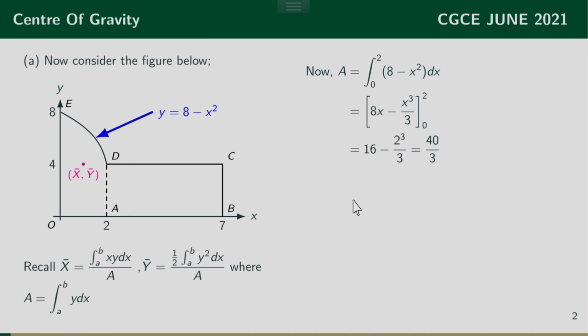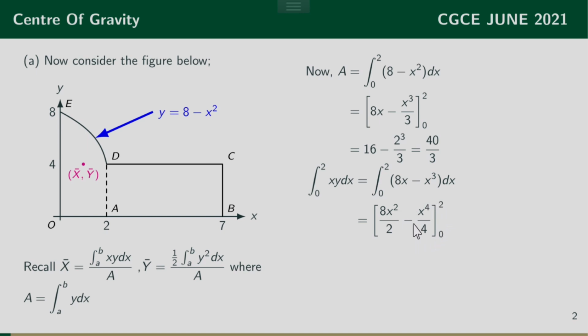Now the next thing we have to look for is the integral of xy with respect to x. So I multiply the function y by x. x times 8 gives me 8x, x times negative x squared, negative x cubed, and I integrate this function as well from x equals 0 to x equals 2. Integrating 8x with respect to x will give me 8x squared divided by 2, and integrating negative x cubed with respect to x, negative x fourth divided by 4.